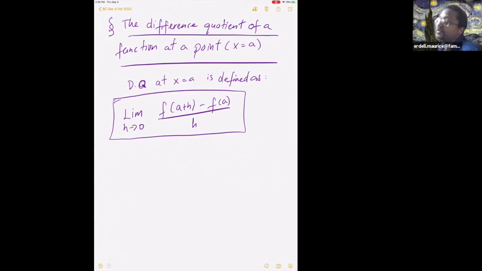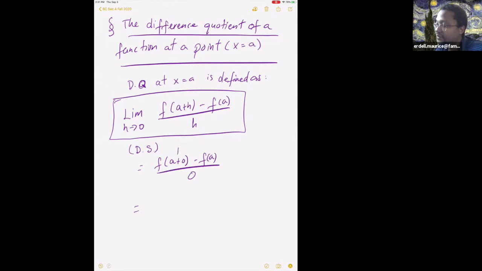The interesting thing about the difference quotient is that it is defined to always be an indeterminate form. It's a limit, correct? So I could always try direct substitution. If I try direct substitution, i.e. everywhere I see h, I plug in 0, I will get f of a plus 0 minus f of a, divided by 0.